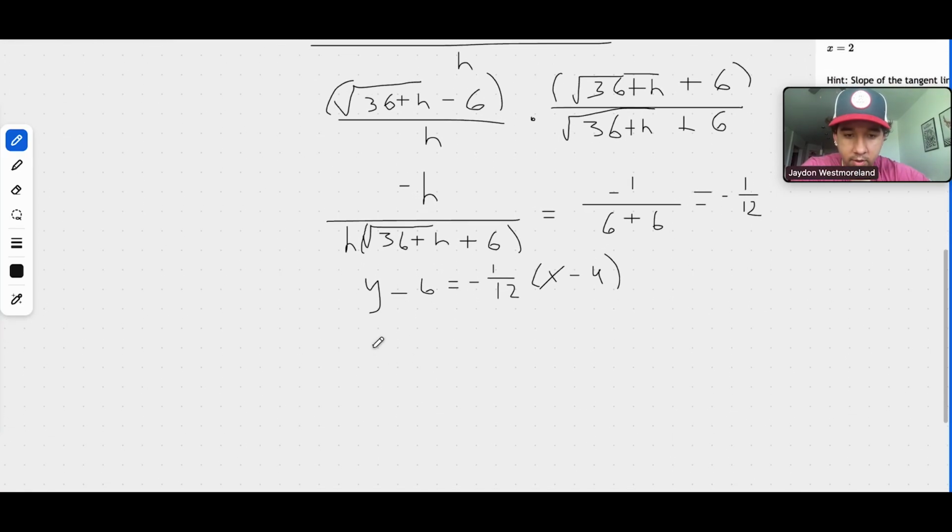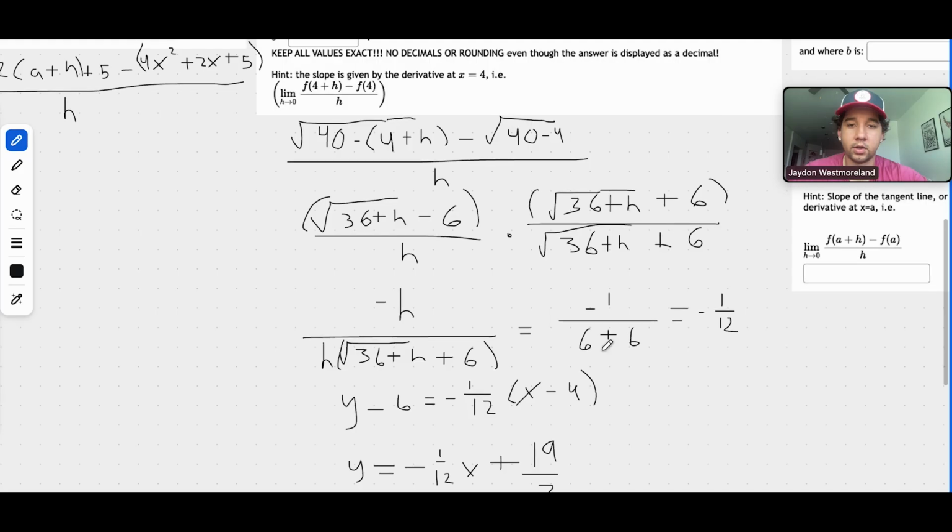So this is going to end up equaling y is equal to negative 1/12 x. And let's see here. Negative 1/12 times negative 4 is 1/3. 1/3 plus 6. Let's think here. That'd be what? 18/3 plus 1/3. So that's going to end up equaling 19/3. Making this right here the final answer for number 2.